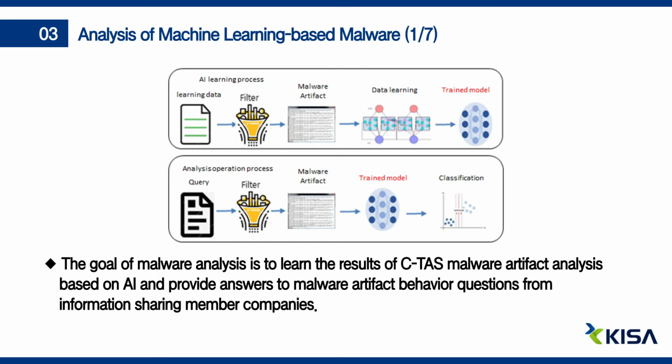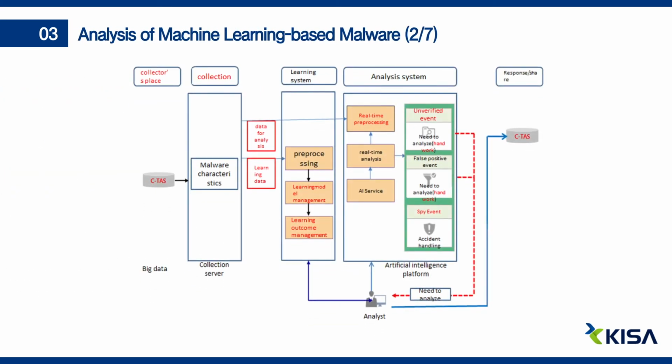On behalf of the analyst, AI learns the results of 5 types of malware artifacts, and the analyst focuses on verification and detailed analysis of the results of the learning model to enhance and specialize in work efficiency. This system classifies patterns related to malware artifact behavior in CTAS-DB, accumulated in big data, and AI learns through MLP.